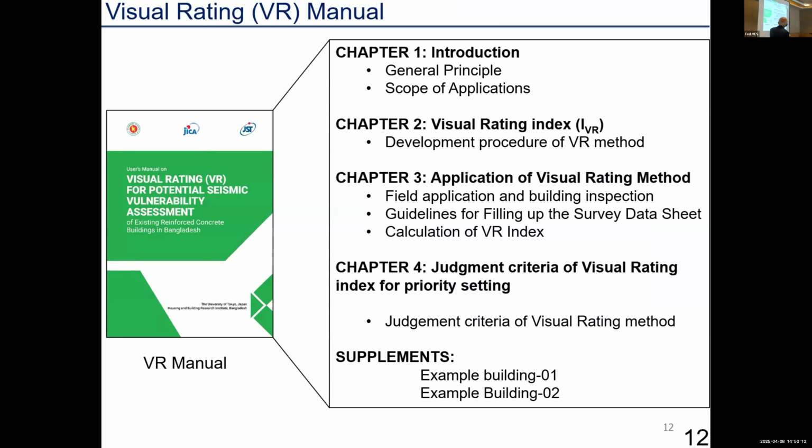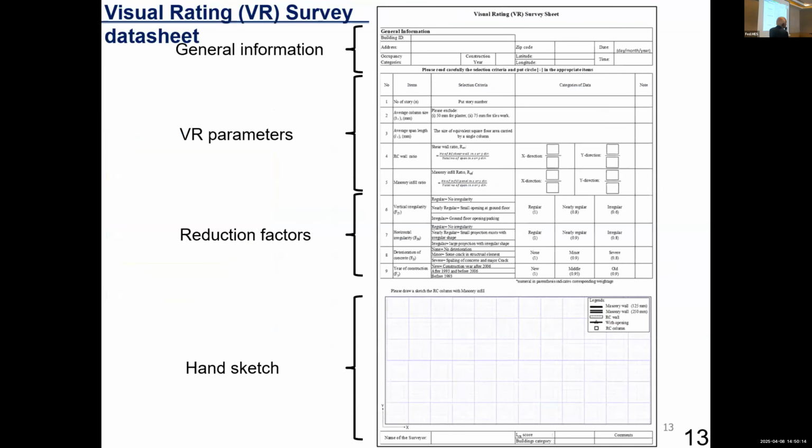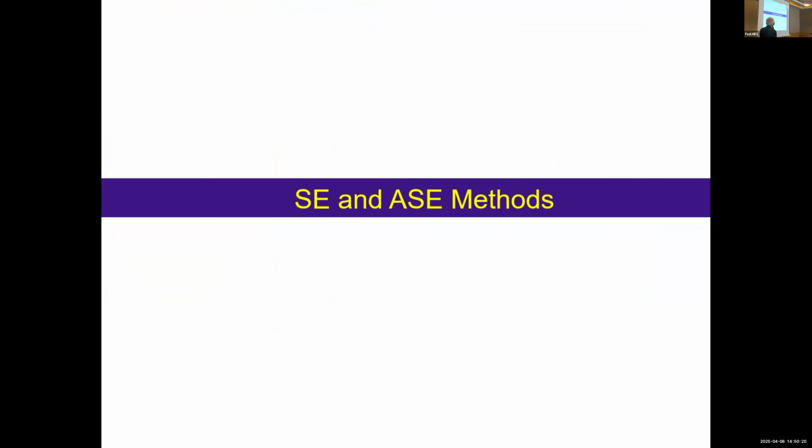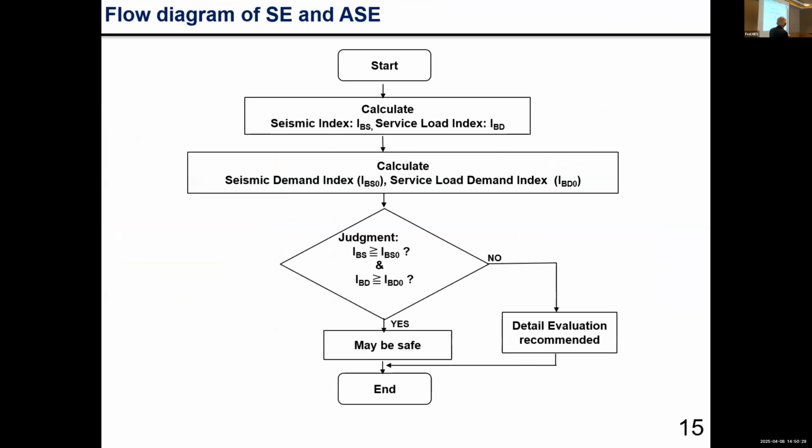This is the VR manual guideline. This is the typical form to collect information for the visual screening method. Then there are the simplified evaluation and advanced simplified evaluation that I told you earlier.